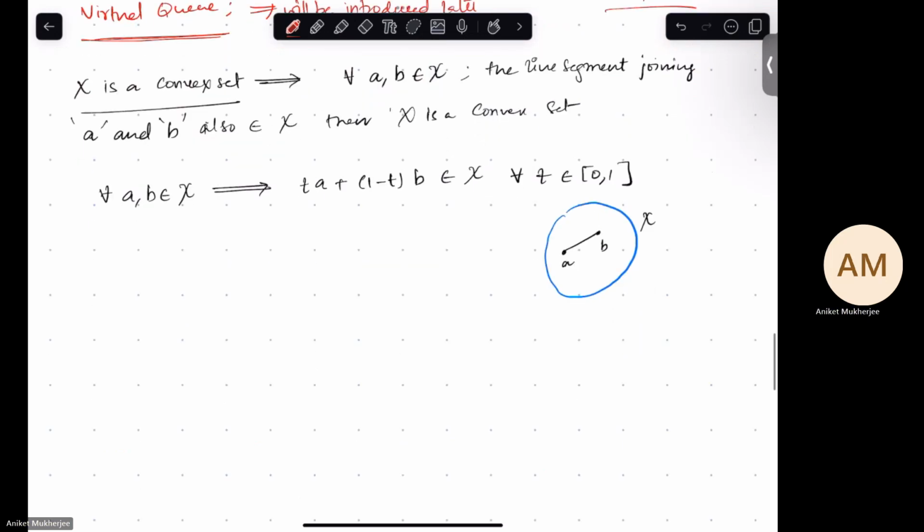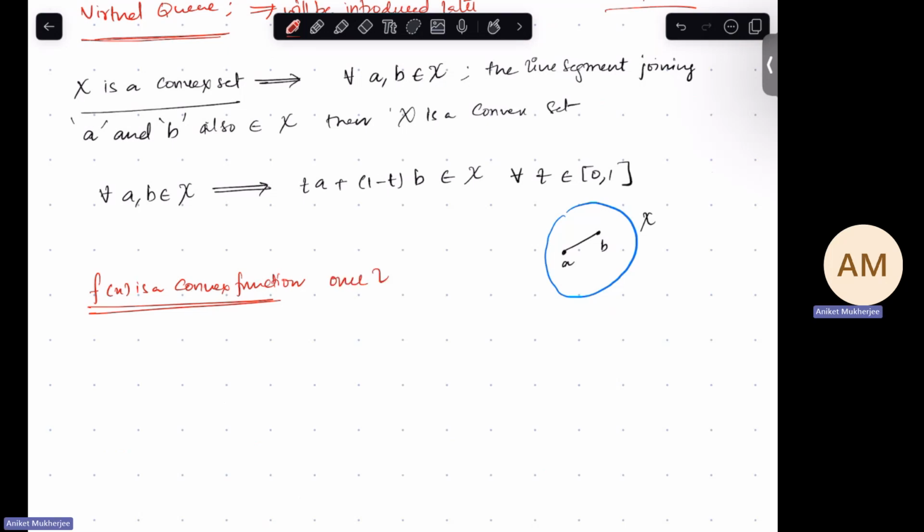Then we'll talk about f(x) being a convex function. What is a convex function? Before you define what a convex function is, you need to know what a convex set is. A function could be convex only over a convex set, over a set X which is convex.